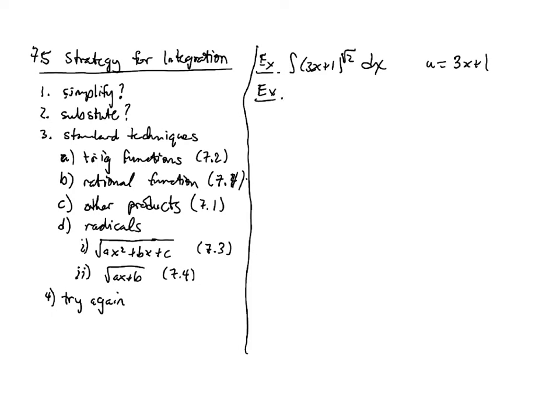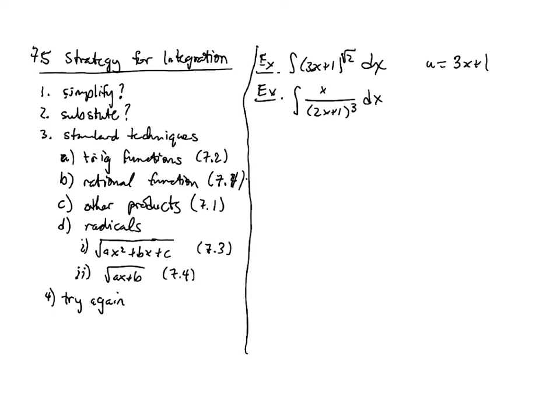Next example, the antiderivative of x over (2x plus 1) cubed dx. So again, here's a situation where if the numerator and denominator were switched, so you had the (2x plus 1) cubed on the top and the x on the bottom, then it would help to simplify.